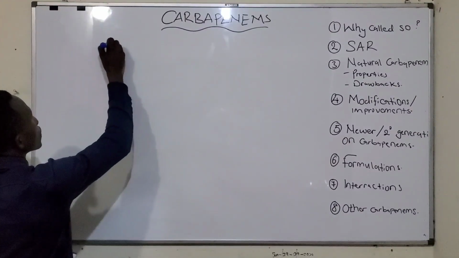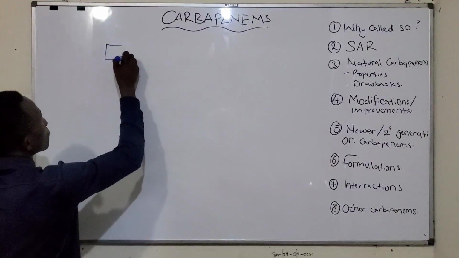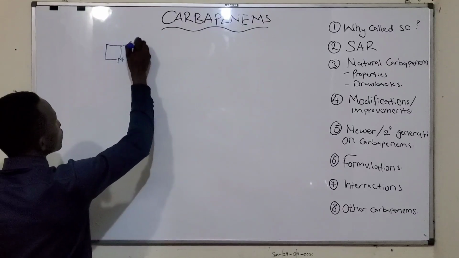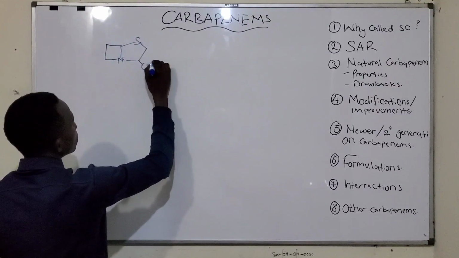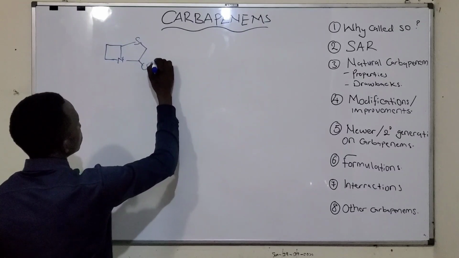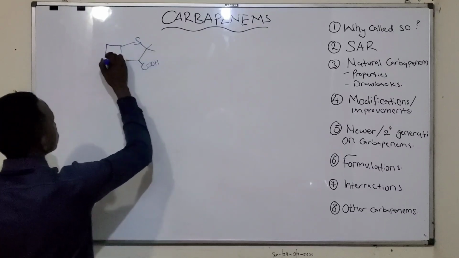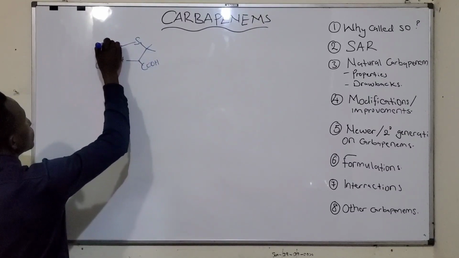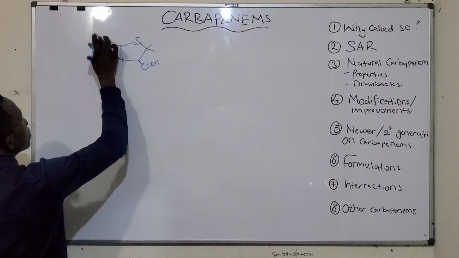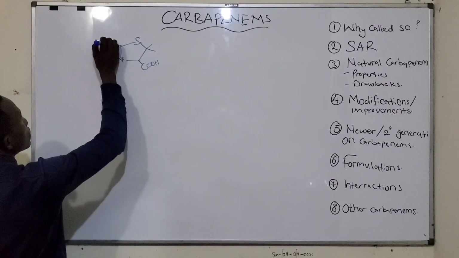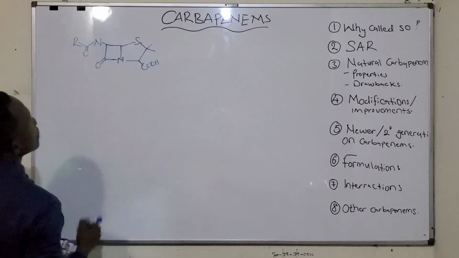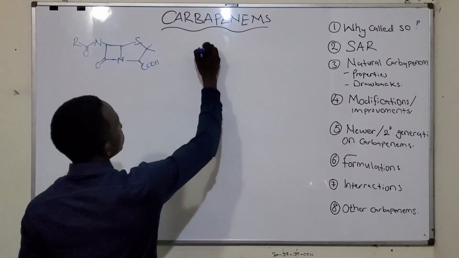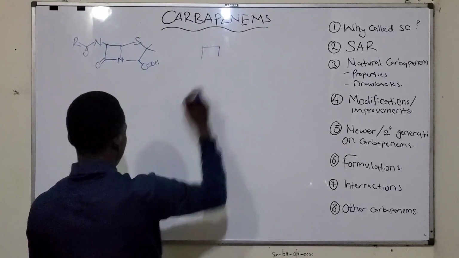The difference is in their structure. When we look at the structure of penicillins, this is the structure of penicillins. This is the penicillins. For carbapenem, you have this structure.